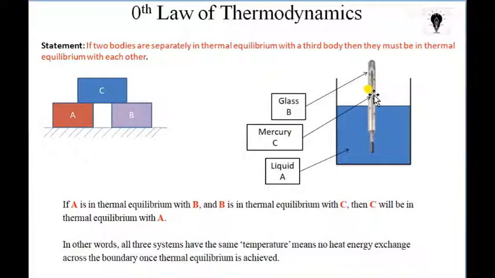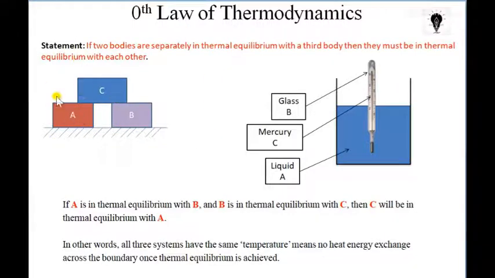In that sense, all three systems are in thermal equilibrium with each other. Between them no heat exchange will take place as soon as the finite temperature difference becomes zero or negligible. So this is our zeroth law of thermodynamics.